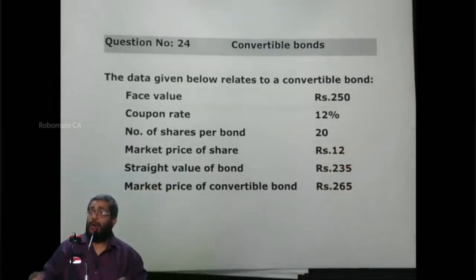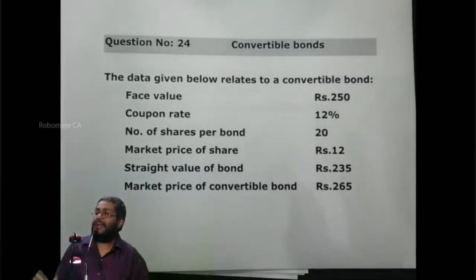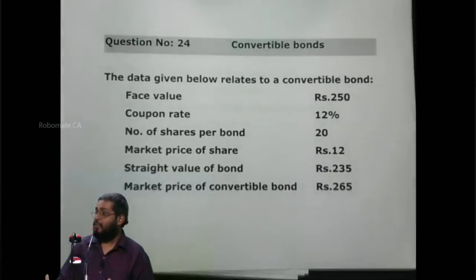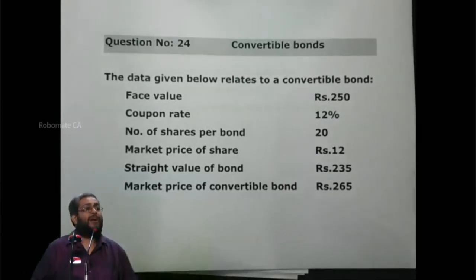Why do I pay this 25 rupees? Because they give me the option to convert. If that is not there, then I have to buy the share directly. So that is why I say, view this as a share first, not as a bond. So the conversion premium is convertible bond value minus conversion value, which gives you a 25 rupee premium. Are you following or not?